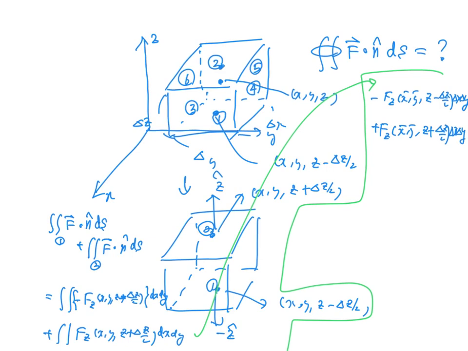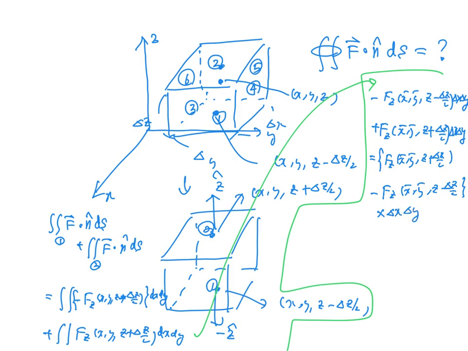Maybe I should write it down: Fz(x bar, y bar, z plus delta z over 2) minus Fz(x bar, y bar, z minus delta z over 2), times delta x delta y.